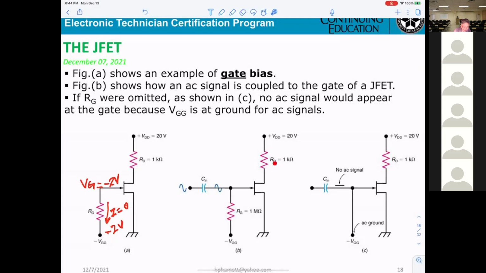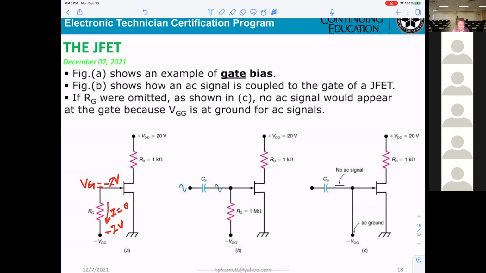Basically you're using the JFET for the amplifier. What does an amplifier try to do? It tries to increase your signal, your voice. So if you connect directly to the gate without RG, when you go into the AC mode, the signal comes in here and VGG must be connected to the ground.